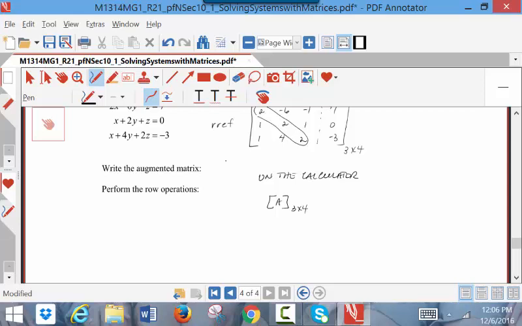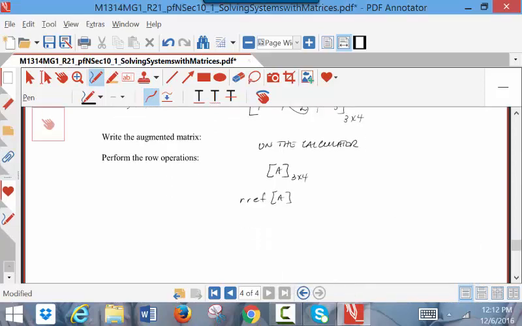Then we will go to our home screen and we will have the option to use the RREF, the reduced row echelon form program in the calculator, of this matrix A to get it in the form we need to give us our solutions. So whenever we do the reduced row echelon form of this matrix, it results in 1, 0, 0, 3, 0, 1, 0, 0.5, 0, 0, 1, negative 4.